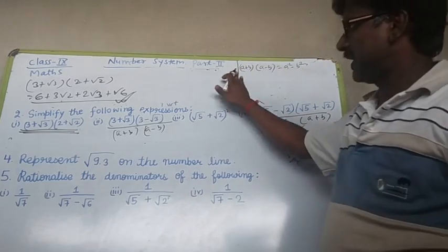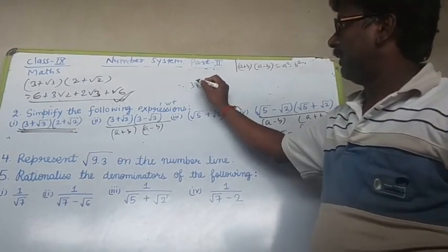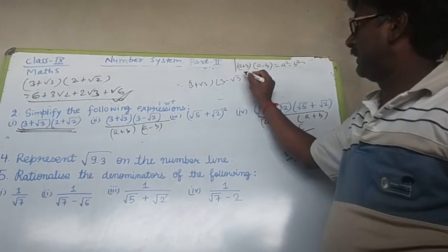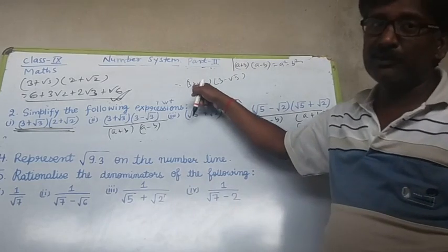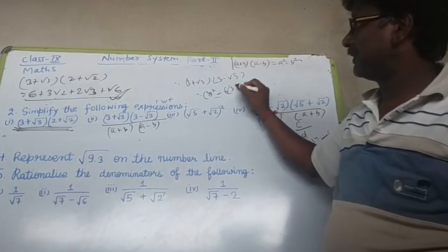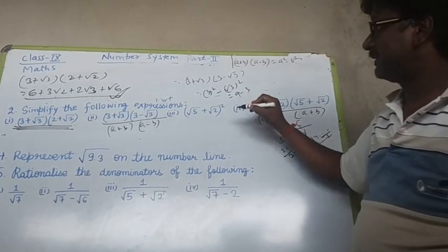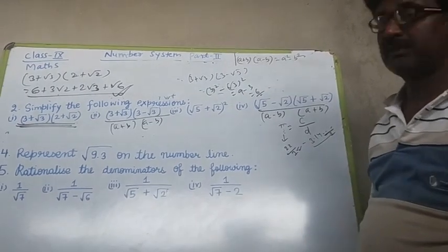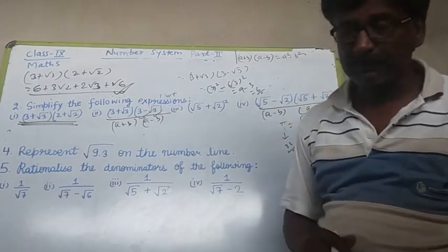So 3 plus root 3 into 3 minus root 3 is a square minus b square, where a is equal to 3. So the square of 3 minus the square of root 3. The square of 3 is 9 and the square of root 3 is 3. So 9 minus 3 is equal to 6, and this 6 is the simplified form. Okay, any problem? Next question.